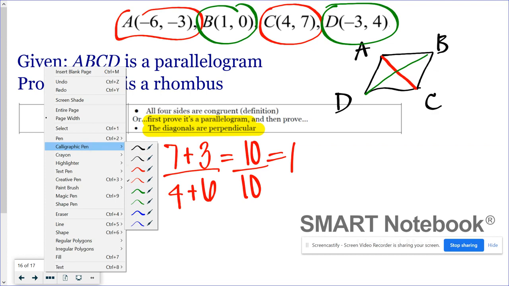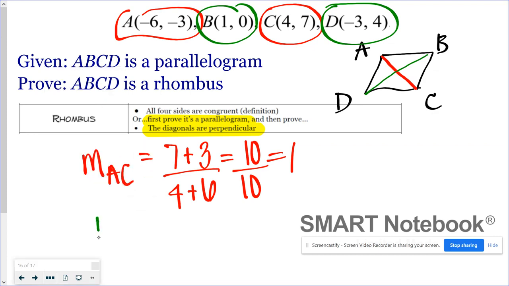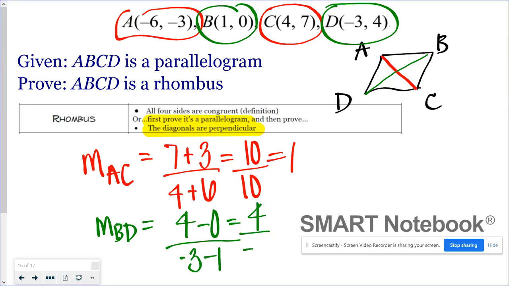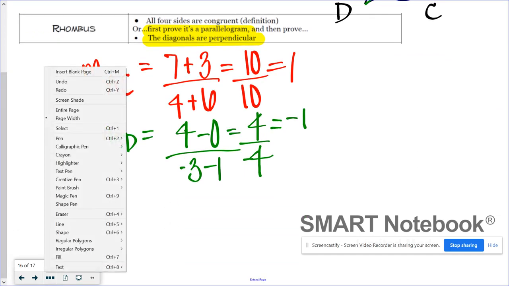Now I'm going to find the slope of the other diagonal, BD. So y2 minus y1 over x2 minus x1. So I get 4 over -4, which is -1. So I found the slopes of the 2 diagonals.